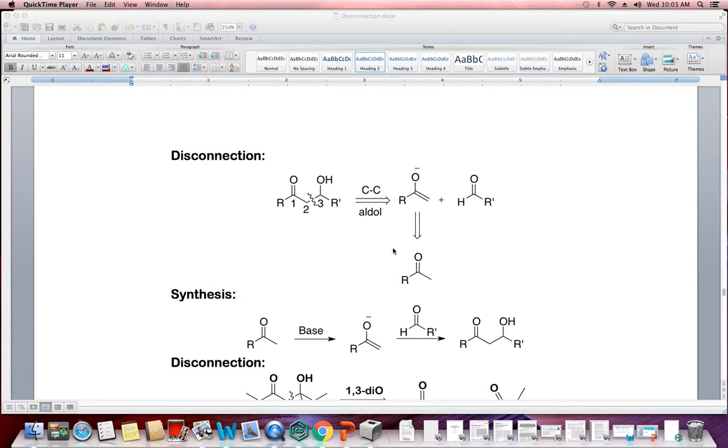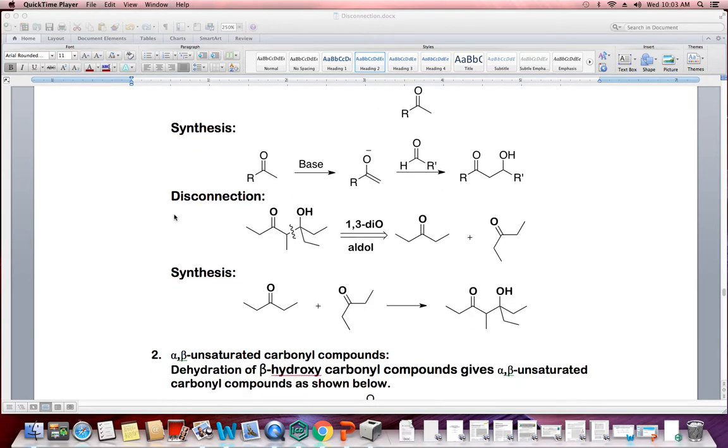Now look at this example. We will see the main functionalities, that is carbonyl and hydroxy. Carbonyl and hydroxy are at the 1,3 position. We can say that these are beta hydroxy carbonyl compounds, beta hydroxy ketones. As we have discussed earlier, for disconnection purposes, we will disconnect the carbon-carbon bond next to the hydroxyl functionality.